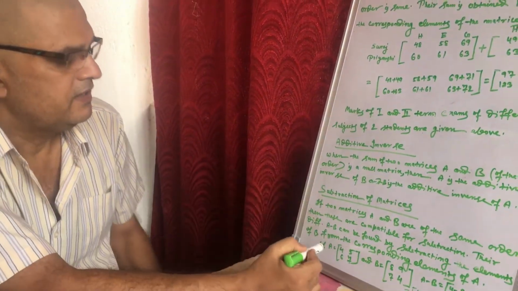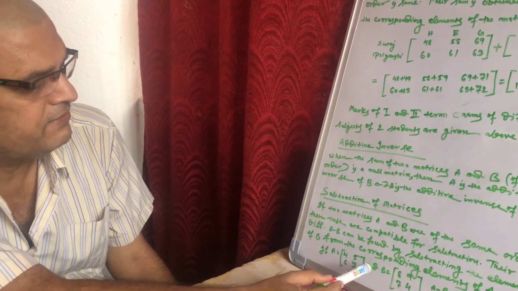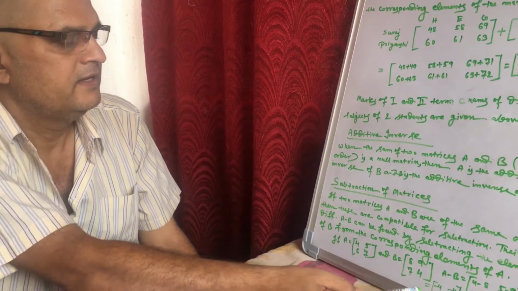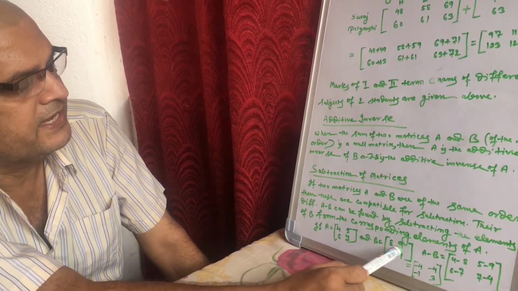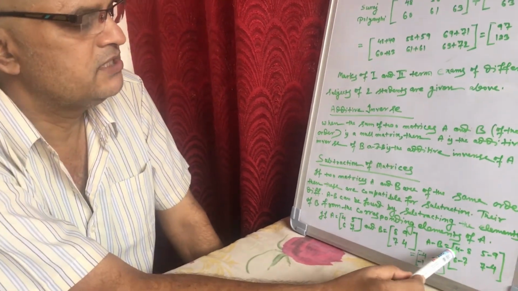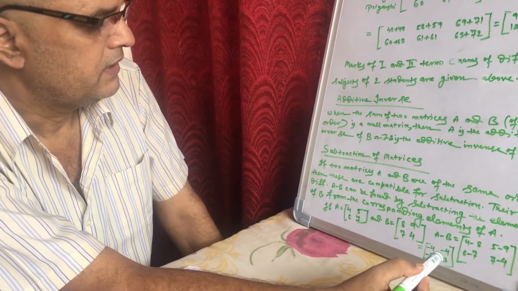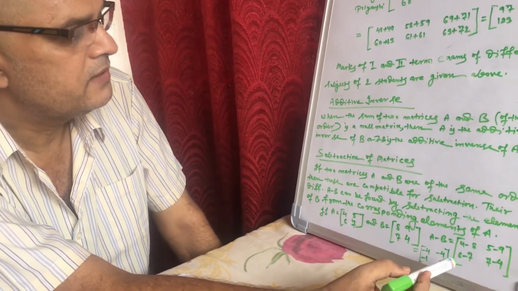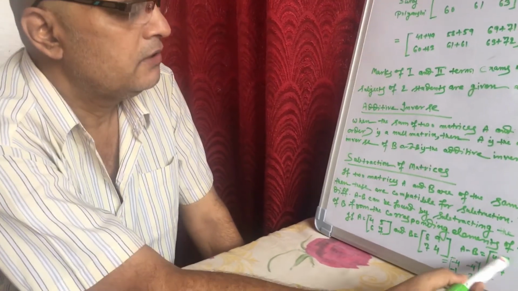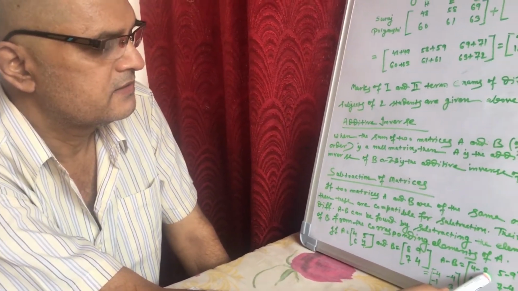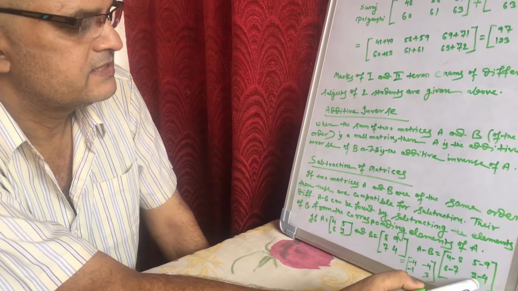For example, if A is a matrix having the elements 4, 5, 6, 7, and B is the matrix having the elements 8, 9, 7, 4, then A minus B is equal to subtracting the elements of B from the corresponding elements of A. So it will be 4 minus 8, 5 minus 9, 6 minus 7, 7 minus 4.